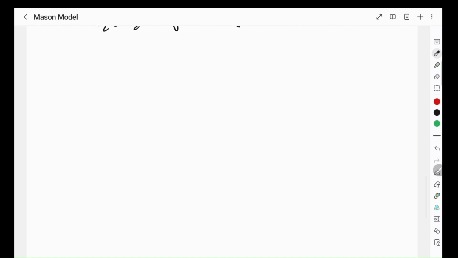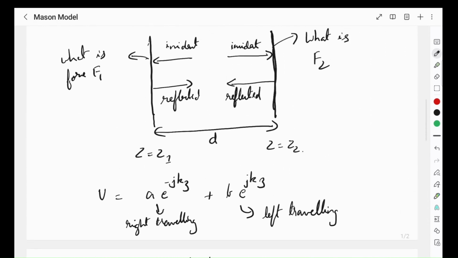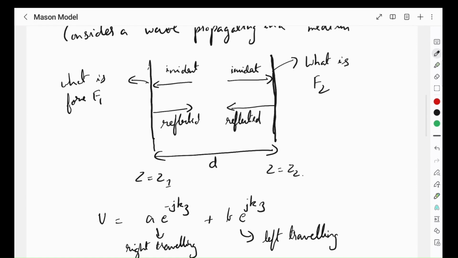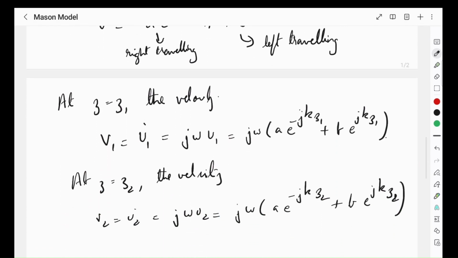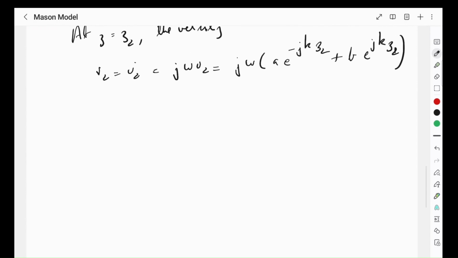So now you will understand why I'm doing all this. Ultimately, I want to convert all of this, so I'll just say it in the beginning so that you get an idea of where we are getting to. If I want to find the force, how will I find?